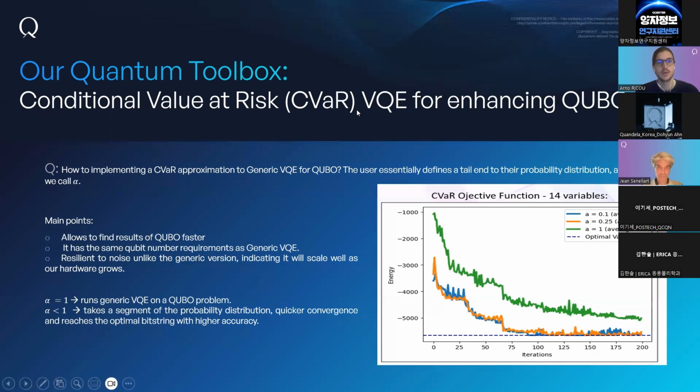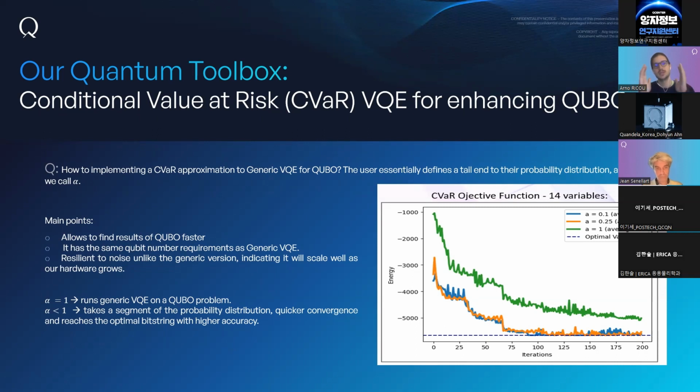We also use VQE and a variant of VQE called CVAR VQE, conditional value at risk VQE, to tackle optimization problems, and in this case, optimizing QUBO problems. In short, what CVAR is about is, in the Hamiltonian, you have a bunch of expectation values that you want to compute in the variational quantum eigensolver.